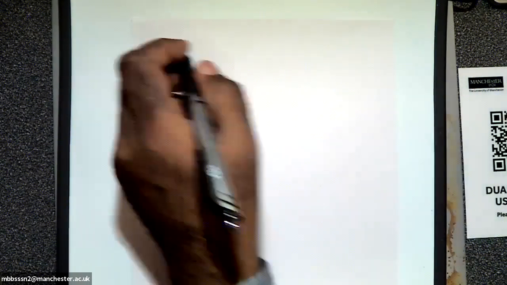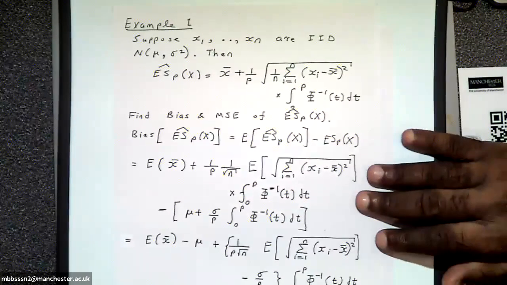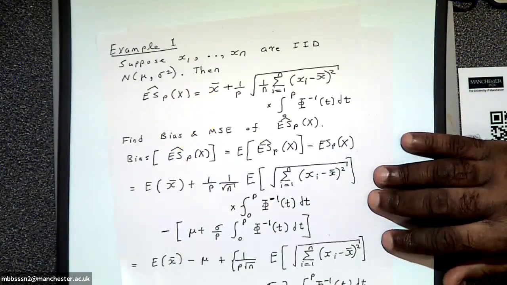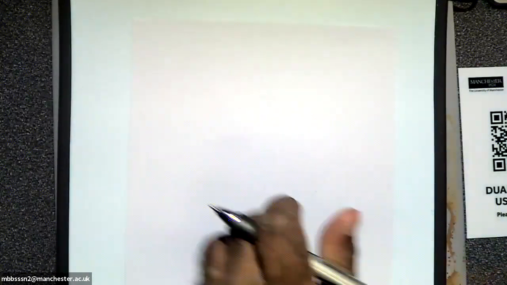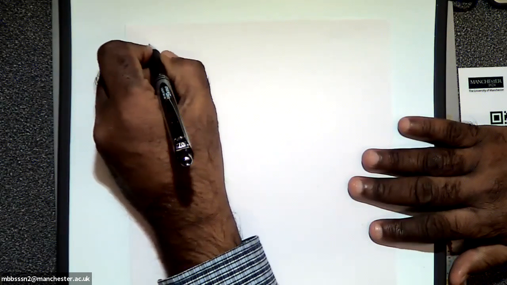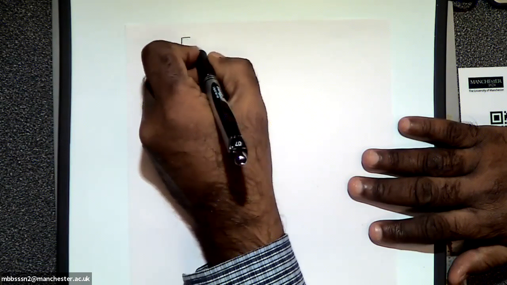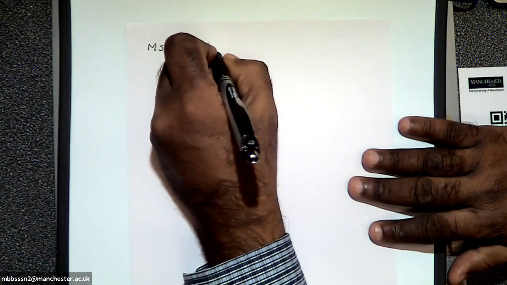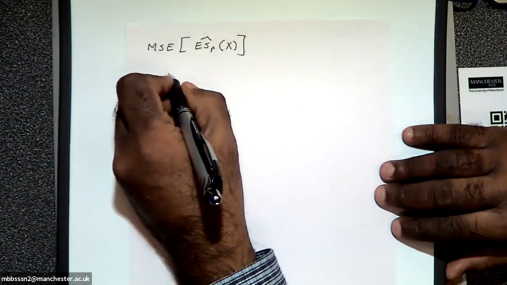All right, so we have this estimator ES equal to this, right? To find the MSE of the estimator, I'm going to use a well-known fact.